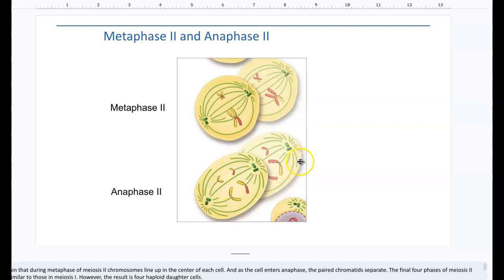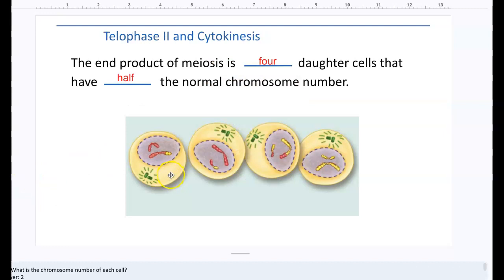The chromatids in each. So remember, 1 out of 2 is 50%. So these phases are going to create a cell that has 50% of the genetic information that is genetically unique. So now what we have done is created 4 cells.